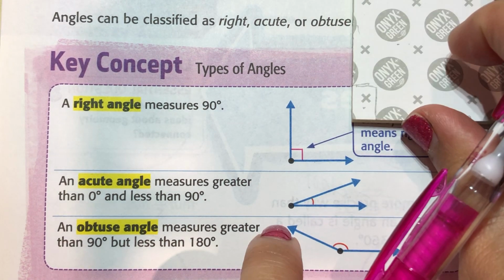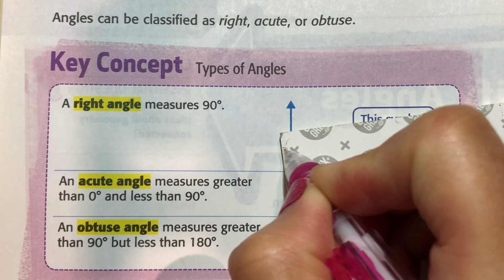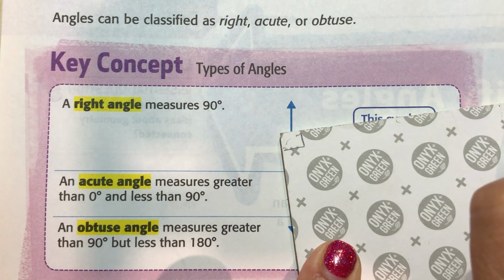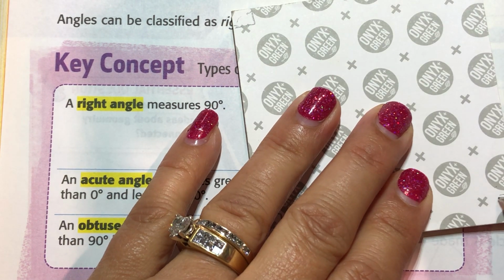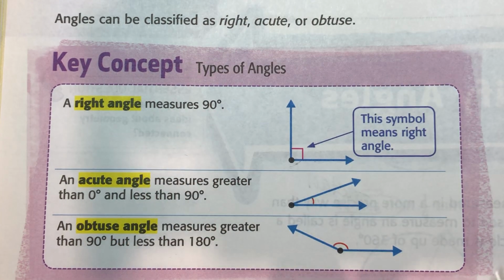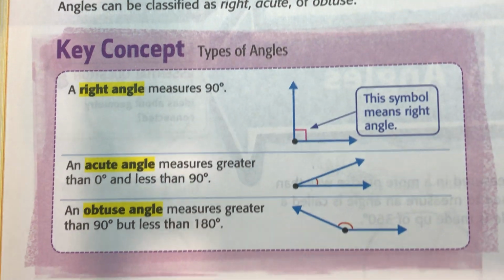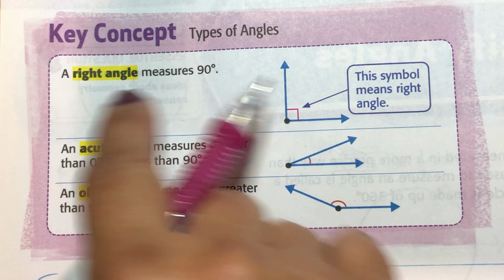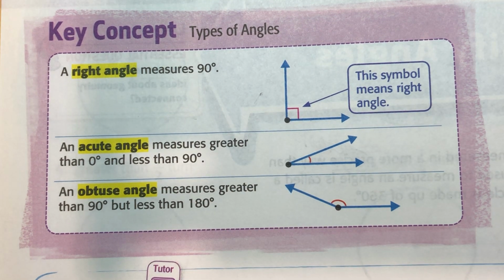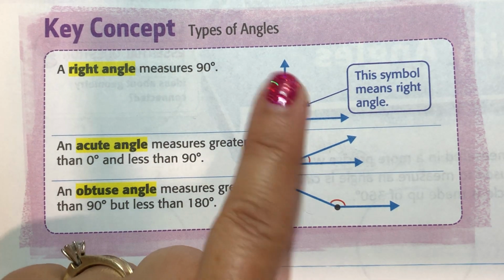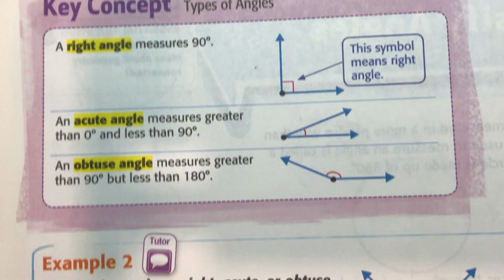Okay, see that? And here, this is a 90 degree angle, and this is a 90 degree angle, and this is a 90 degree angle. Okay, all right, so there it is. Okay, so there's your 90 degree angle. That is a right angle. So this is a right angle, 90 degree. Okay. This is also what you need to make a perpendicular line.